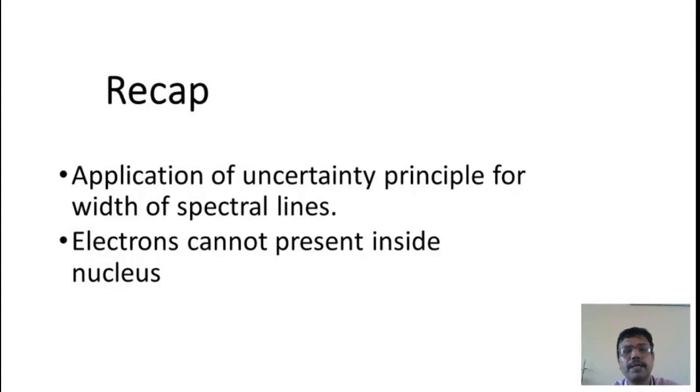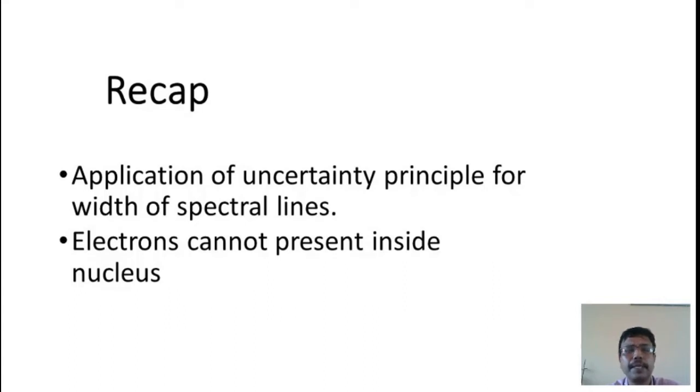If suppose electron is present inside the nucleus, it is present anywhere in a nucleus of diameter 2 into 10 power minus 15 meter. That is, the uncertainty in the measurement of position delta x is equal to 2 into 10 power minus 15 meter. You calculate delta px.